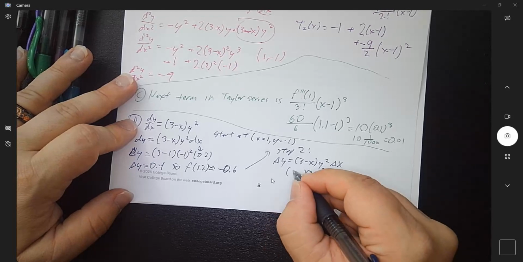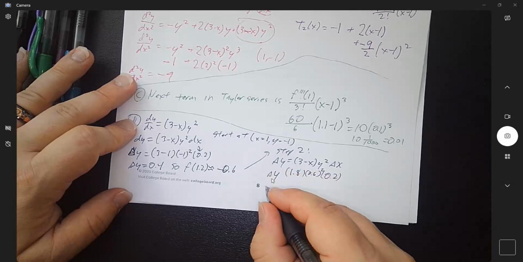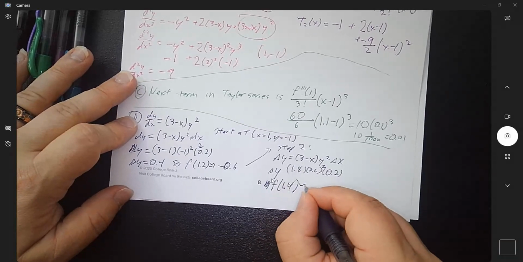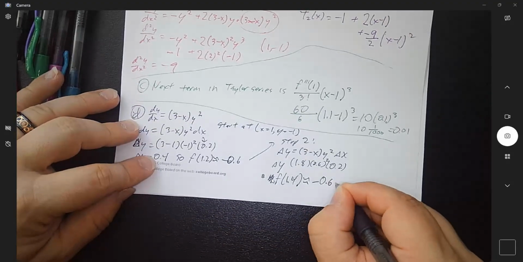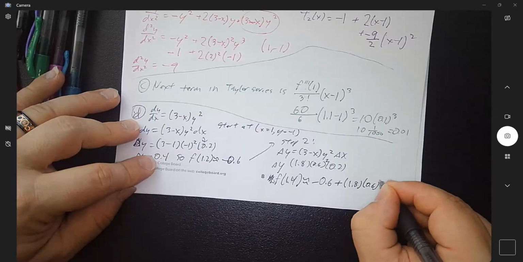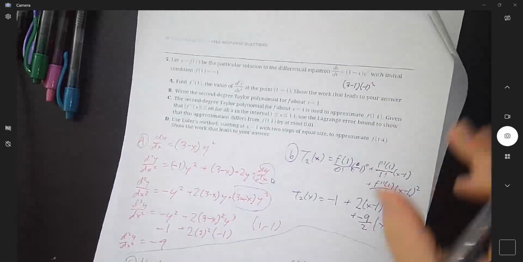What is 3 minus 1.2? Is that 1.8? Okay, good. So that's the delta y. Then f at 1.4 is approximately negative 0.6 plus 1.8 times 0.6 squared times 0.2. I don't know what that number is. I'm not multiplying all that out. Do you think I'm multiplying all that out? You're crazy.